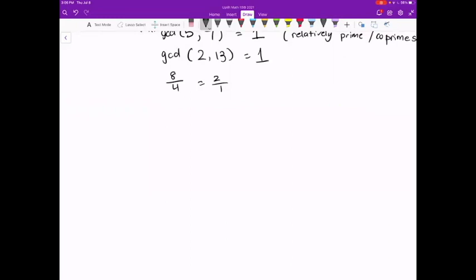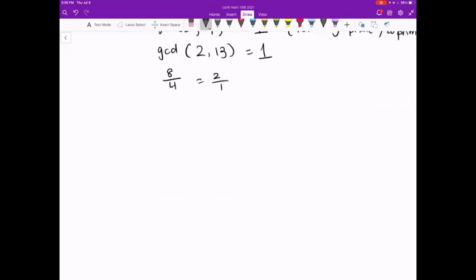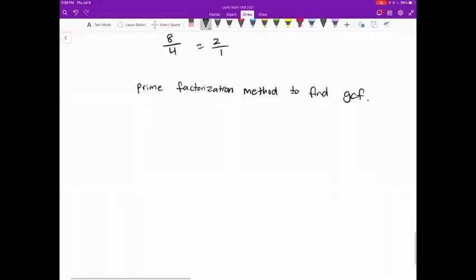We can actually use a previous method we talked about, prime factorization, to find the greatest common factor of some set of numbers. Let's try to find the GCF of 20 and 30.